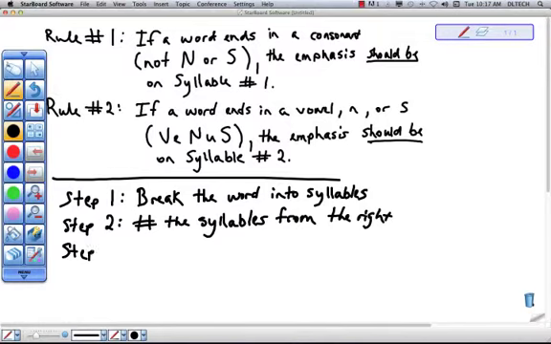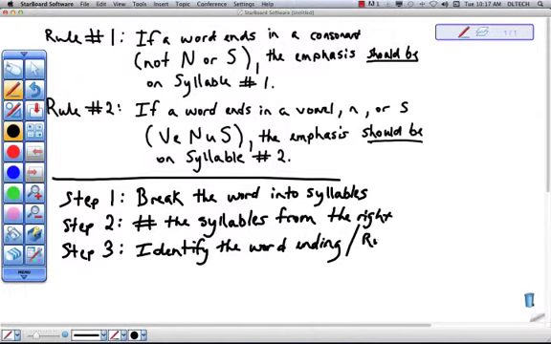Step 3, identify the word ending and rule number.